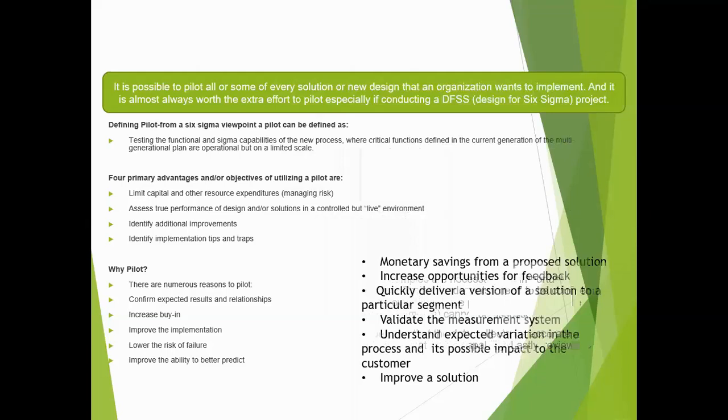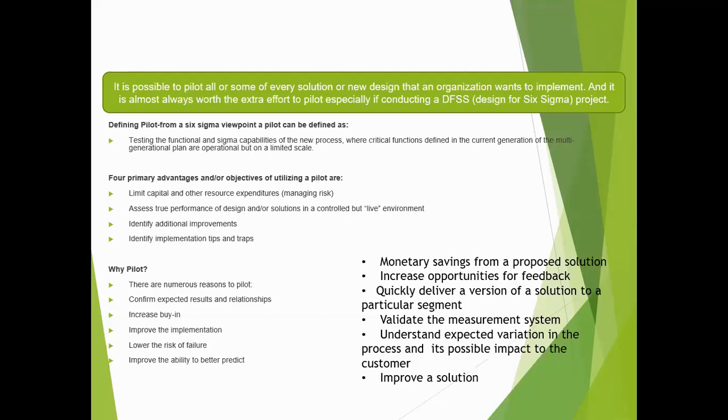On the y-axis, you put the impact, right? And then we try to plot each of the solutions between these two axes, and whichever comes on top, with ease of implementation quite high and the best impact possible, we start putting that as the priority. Right? And that's how we prioritize the solutions to be implemented.